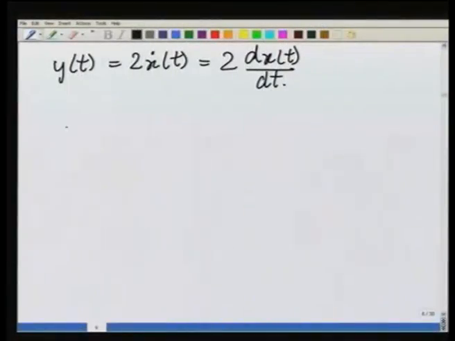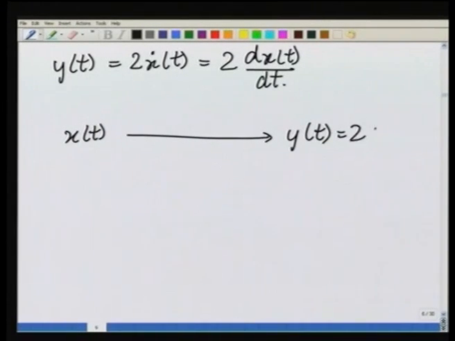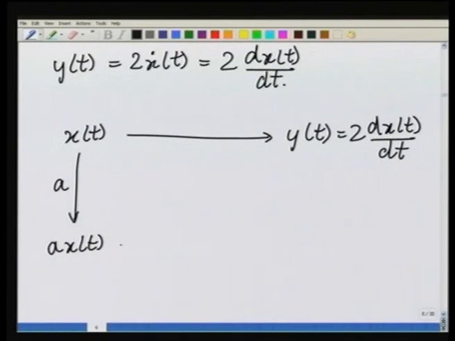Let us have x(t) over here and we make the commutation diagram. The output for x(t) is y(t) equals 2 dx(t)/dt. On this side, we apply the scaling operator first to get a times x(t), and we wish to see what happens if a times x(t) is applied to the system.